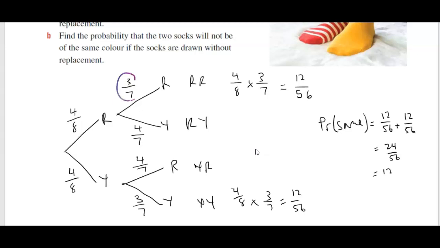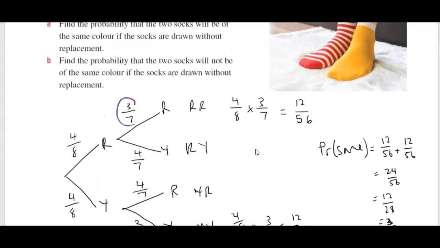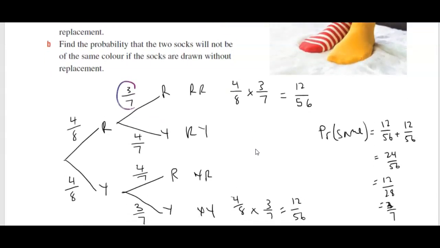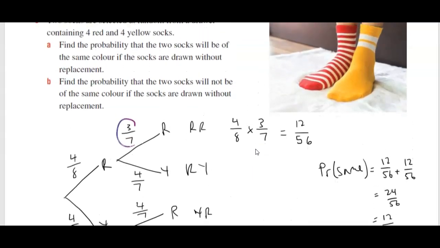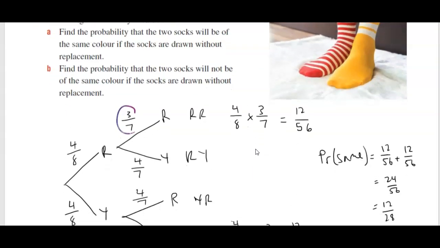So 12 over 28, so 6 over 14, 3 over 7. Okay, I'm just making sure that that is correct. Looks pretty good.